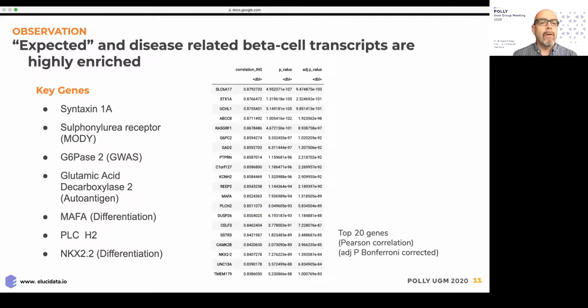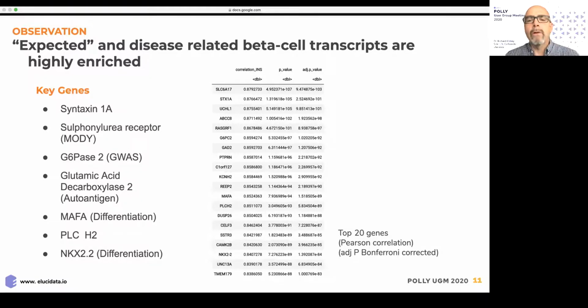I've listed a number of these to the side, and just with this first pass analysis, we're hitting a high number of genes that were picked up in GWAS studies or have been identified as MODY genes, like the sulfonylurea receptor, things that are autoantigens in type 1 diabetes, like glutamic acid decarboxylase, and strong differentiation factors.